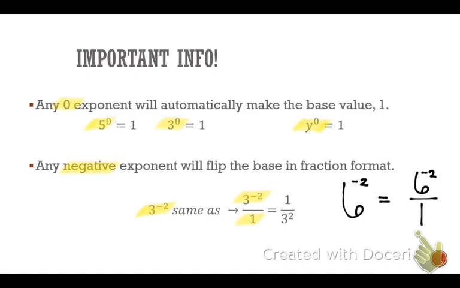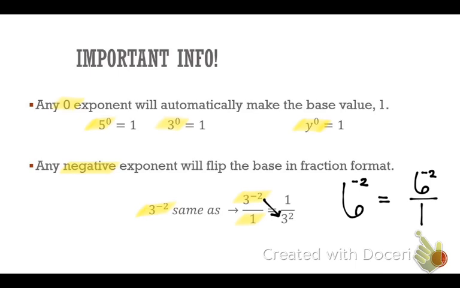You with me? So to write a negative exponent as positive, my rule says that you flip the value in the fraction. If it was in the numerator, now it is in the denominator, and it becomes positive. Okay? So a negative exponent you can place in the opposite side of the fraction, and now it becomes positive.